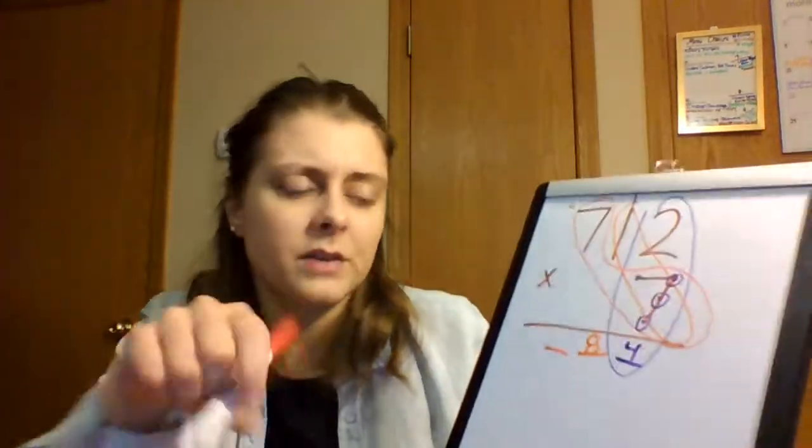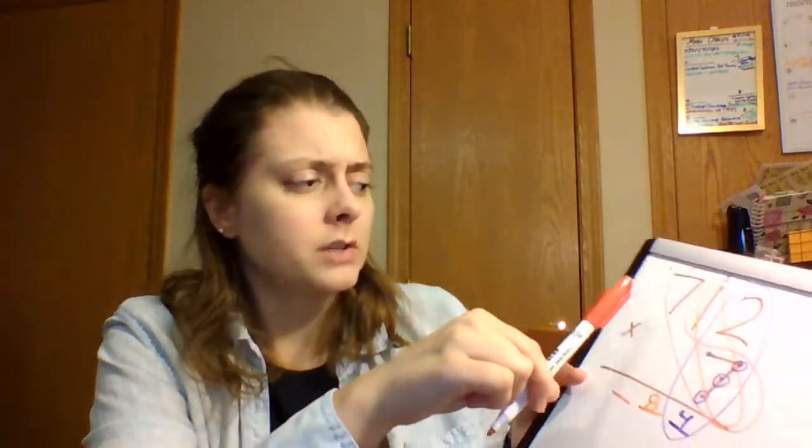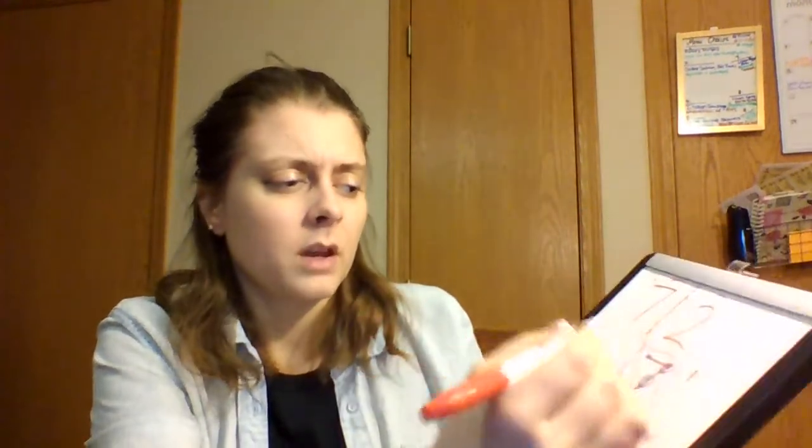And then we have 7 times 7. I already have my touch points drawn on the 7, so I'm going to use those again for this. So 7, and we already did it times 2, which was 14.